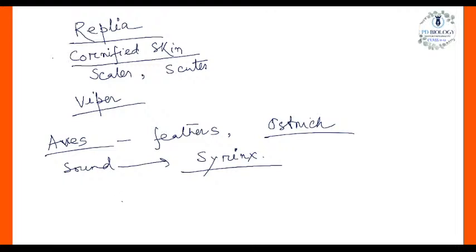Endoskeleton is fully ossified and the long bones are hollow bones. So hollow bones are with air cavities. That's the adaptive feature. And this type of bones are called pneumatic bone.